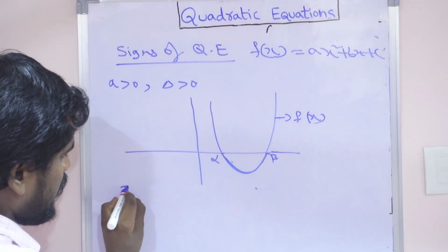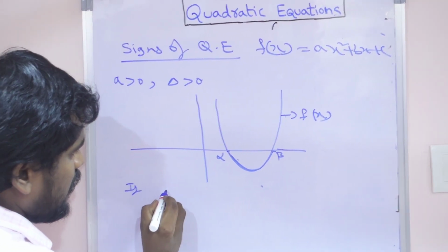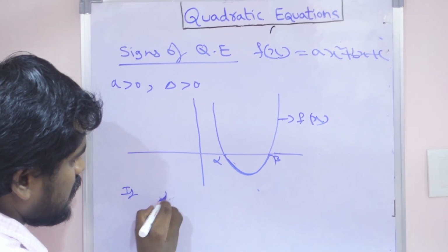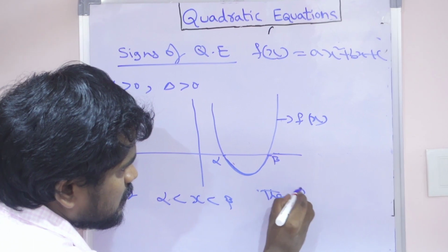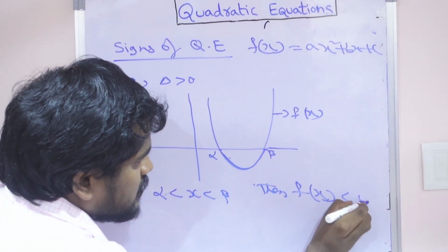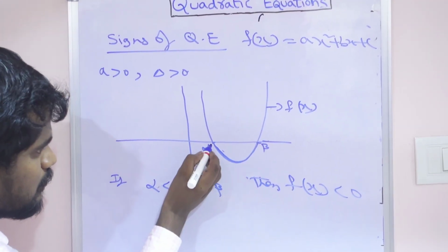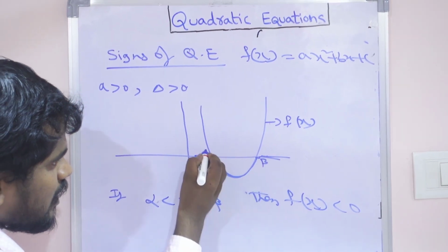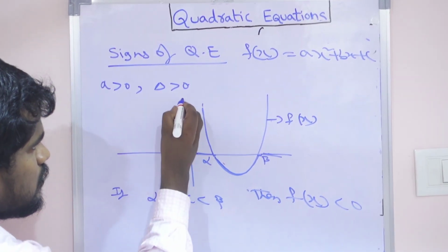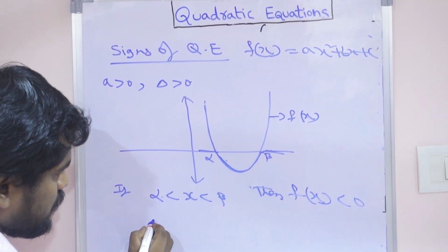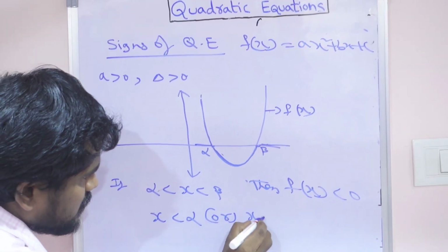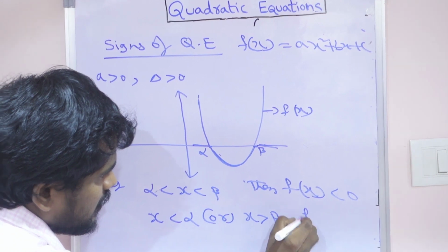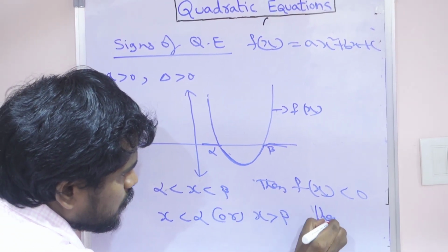So if x value lies between alpha and beta, then f of x is less than 0. Below alpha and above beta, f of x should be positive. So x less than alpha or x greater than beta, then f of x is positive.